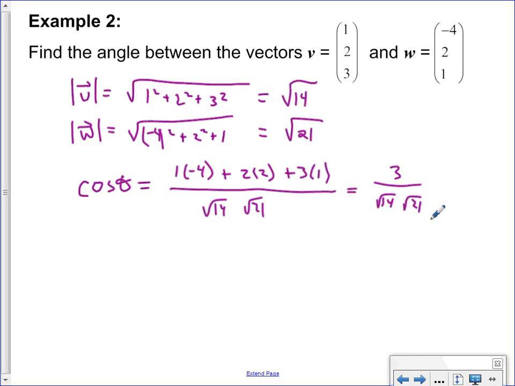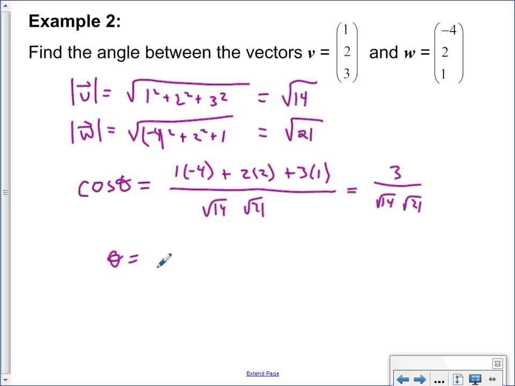Radians or degrees? What's your calculator set at? Degrees? Okay, give me the degrees. You know how the calculator does the fraction thing, right?